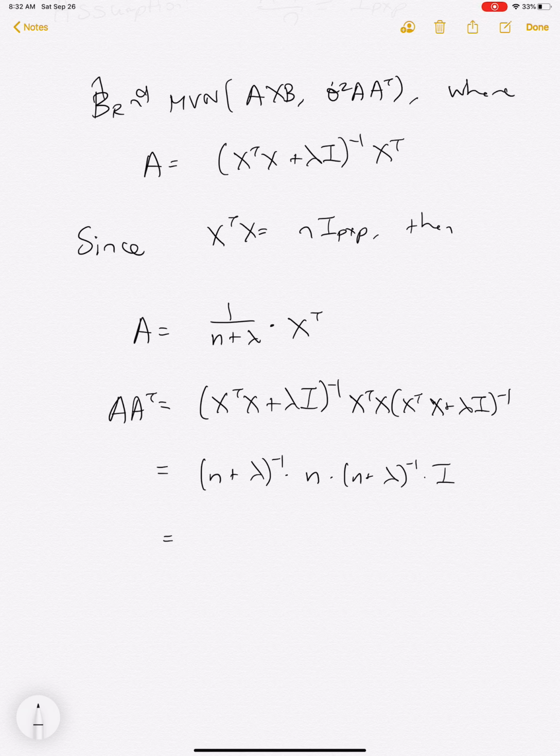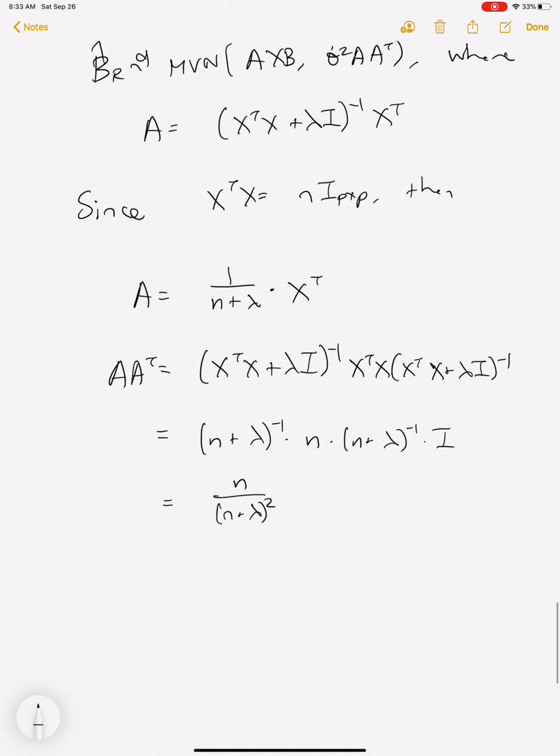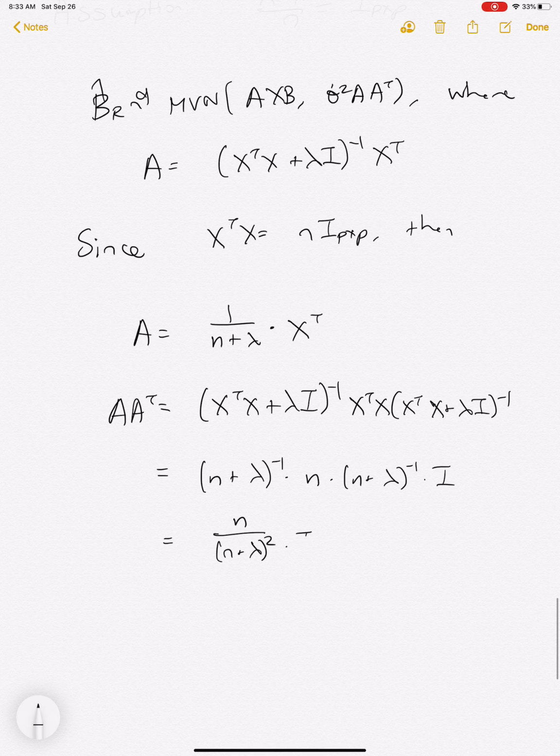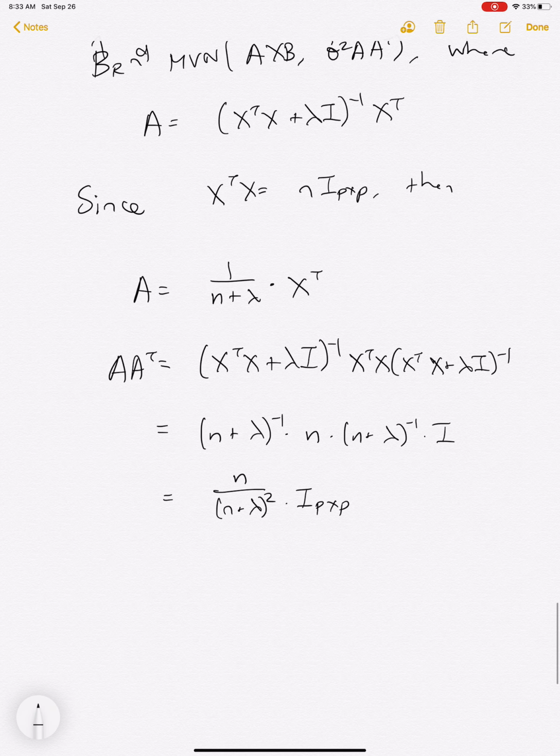And so you're just going to get that this is N over N plus lambda squared, and then this is times the P by P identity matrix. And you also clearly have that AX here is just equal to N over N plus lambda times the identity.